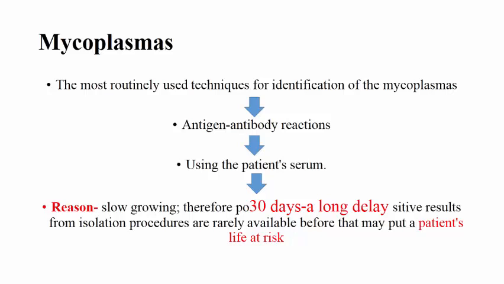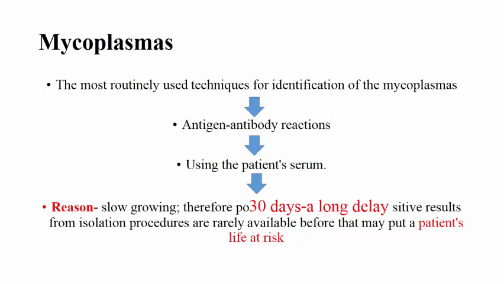The same concept applies here. Mycoplasmas are not easy to cultivate. For cultivation of mycoplasma, about a 30-day delay will be there. Due to the nature of this slow-growing microorganism, it would be very serious if we went for cultural identification. So the option is the agglutination method.